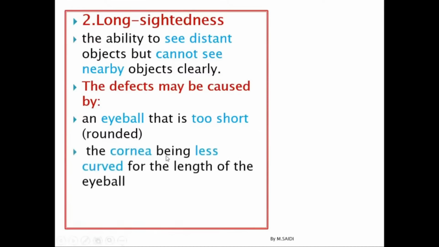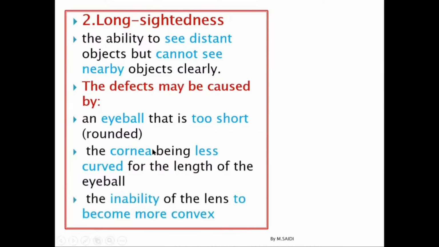Number two, the cornea is less curved. It means that the length of the eyeball is short, and then the image is formed behind the retina. Then there is the inability of the lens to become more convex so that it can bend this light to the retina. So it means that its power is less.